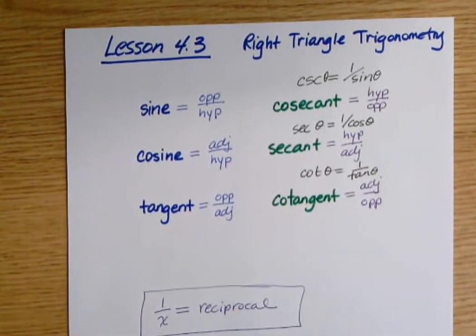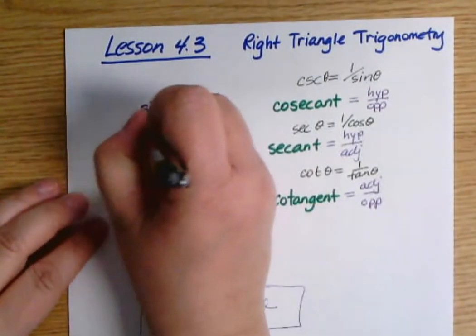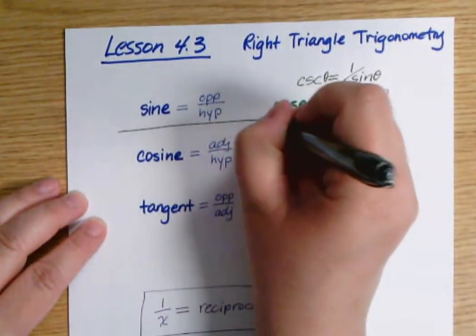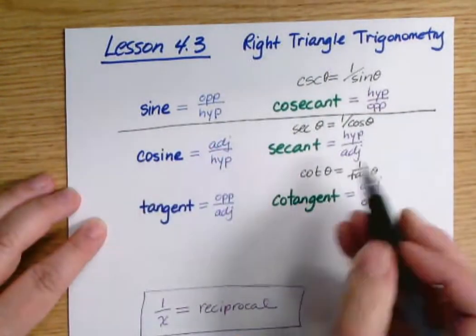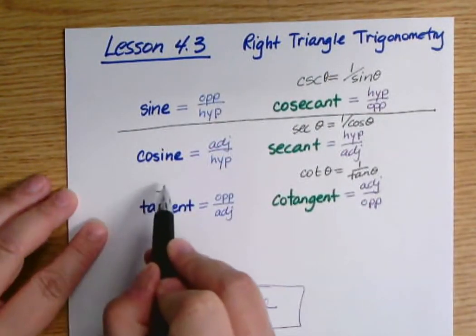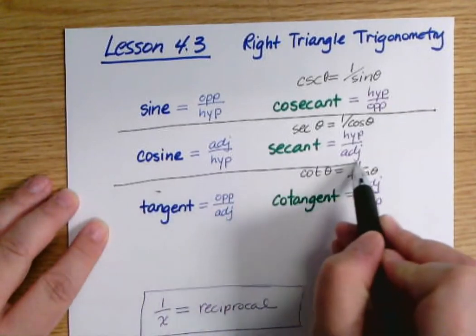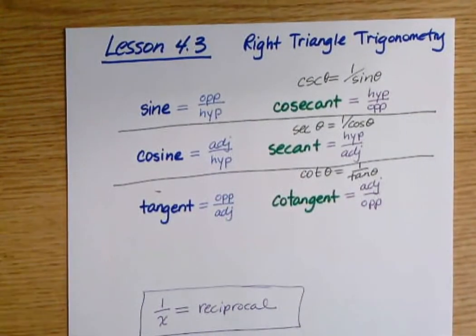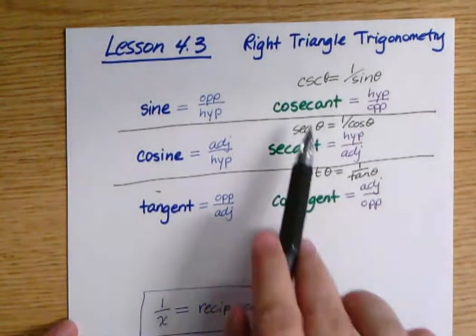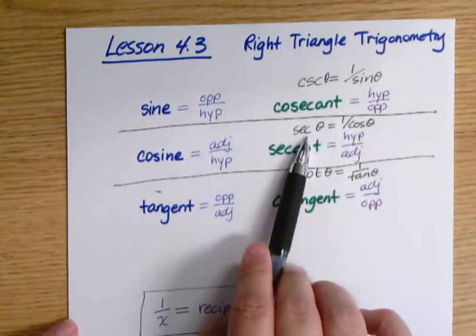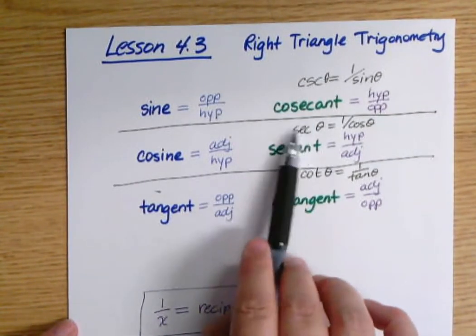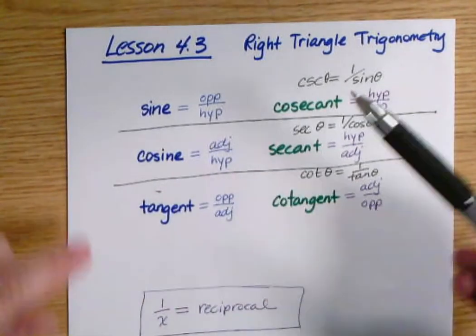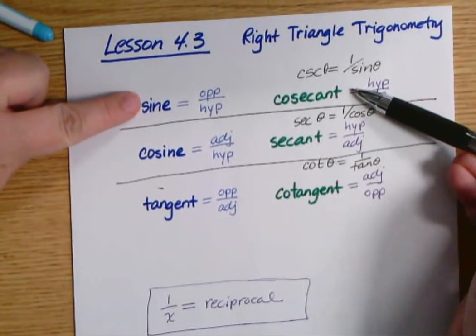So these are reciprocals of one another. Sine goes with cosecant. Cosine goes with secant. And tangent and cotangent go together. One way that I keep straight in my head, or at least I did when I was learning this, which of these goes with which, is that each pair has one that has co in it.